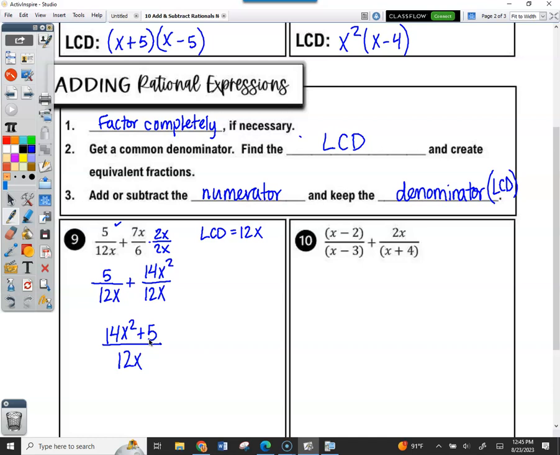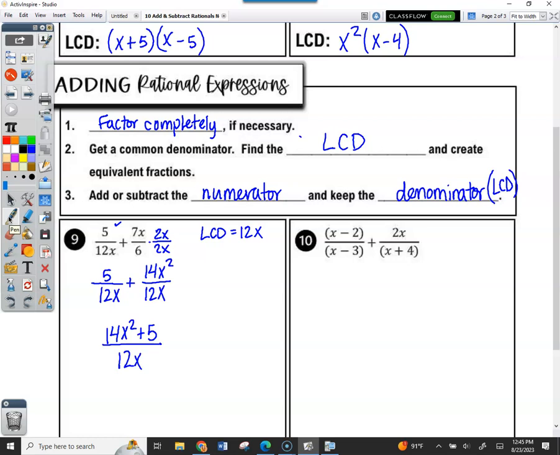Now, if this was reducible, because we will have some that reduce, I need you to know that it has to come out of all 3 terms if it's going to reduce. And in this case, that 5 is throwing it off. Nothing reduces. Don't reduce the x's because the 5 has no x. It's got to come from everything. Okay?